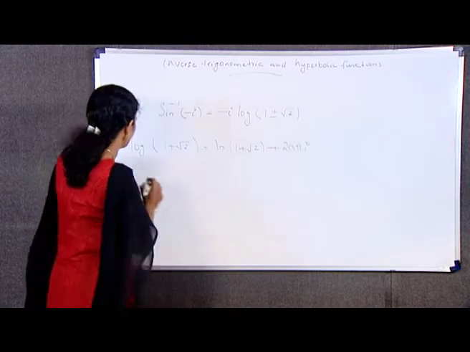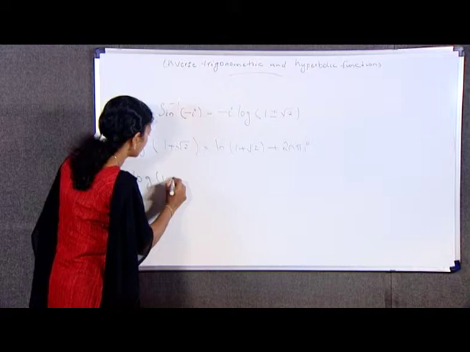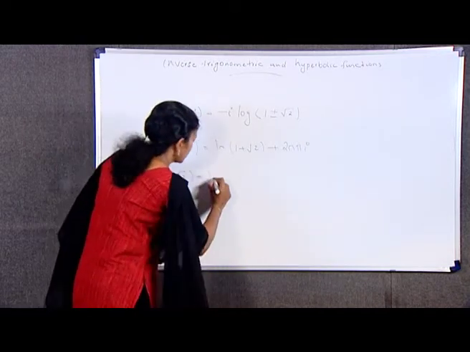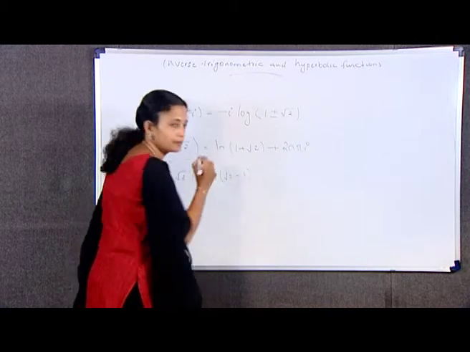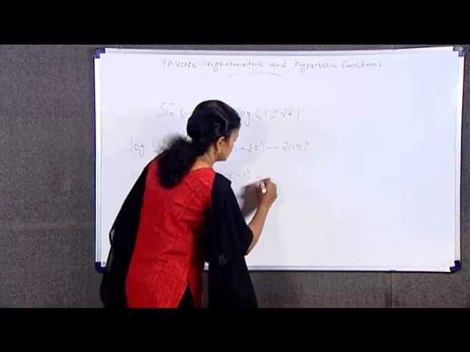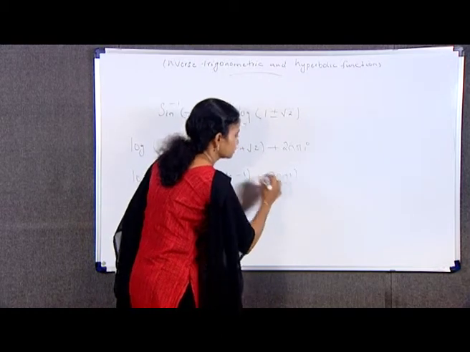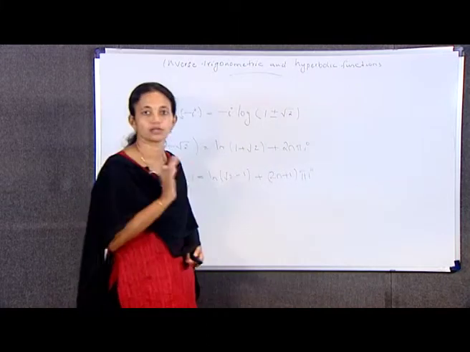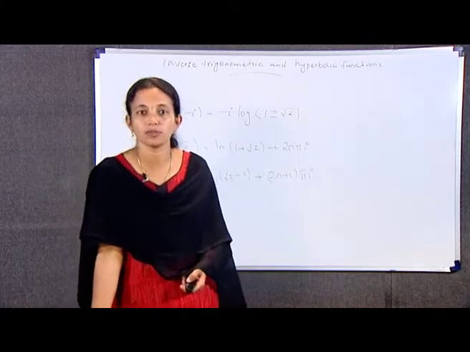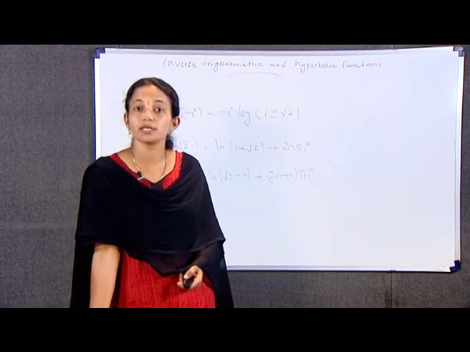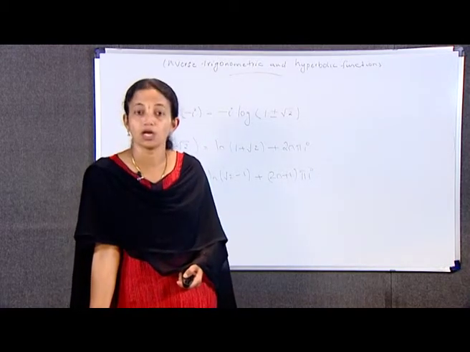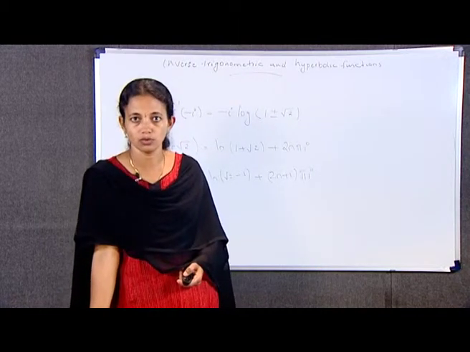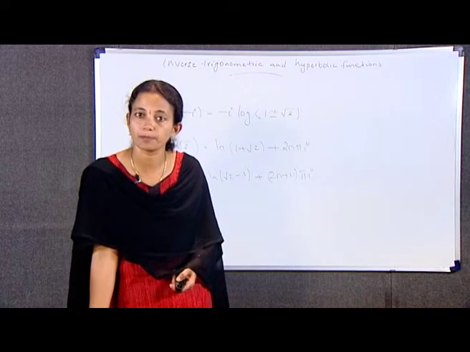And also log 1 minus root 2 is equal to ln root 2 minus 1 plus 2n plus 1 into pi i. Here also n varies from 0, plus or minus 1, plus or minus 2, etc. Using the properties of natural logarithm, ln root 2 minus 1 is equal to ln 1 by 1 plus root 2, which is equal to minus ln 1 plus root 2.